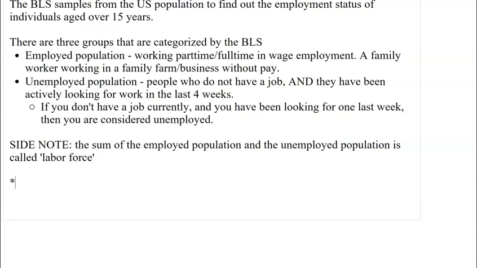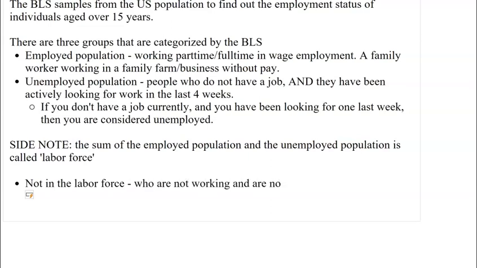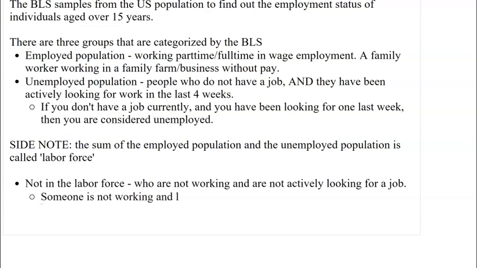Now, however, there's a third group of individuals, which we call not in the labor force. These are people who are not working and are not actively looking for a job. So that's where we come to the other definitions: someone who is not working and looked for a job 6 weeks ago would be considered not in the labor force.